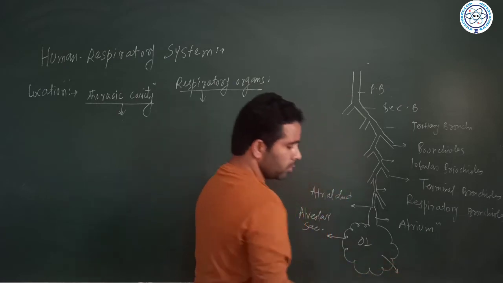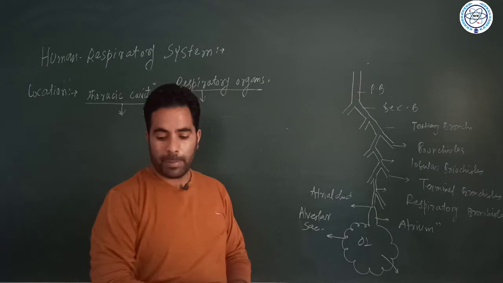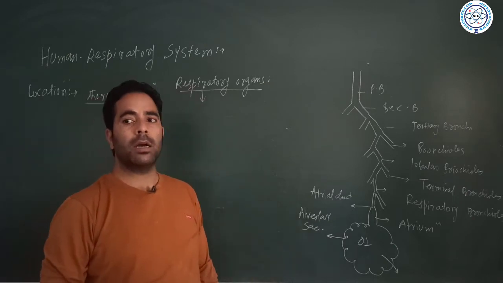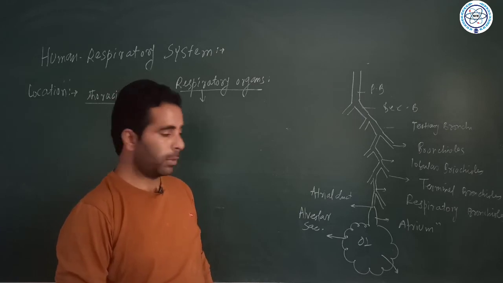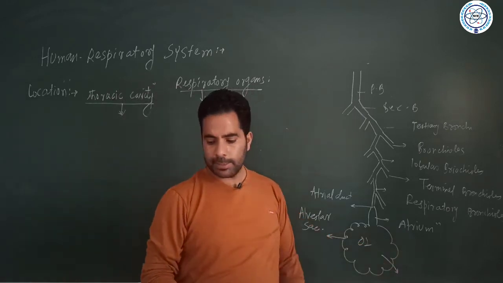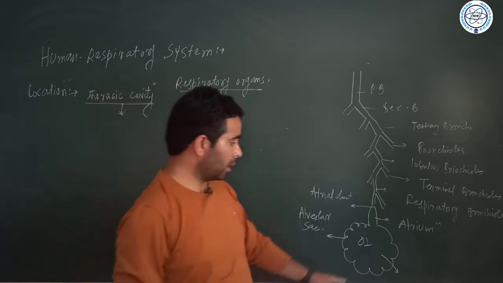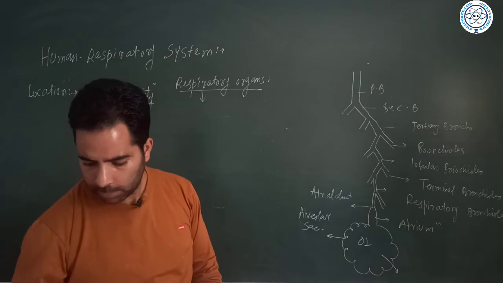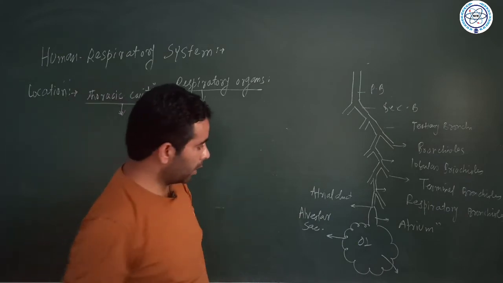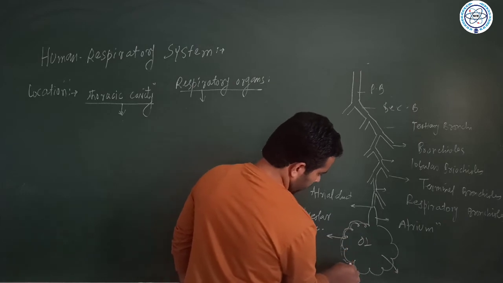In order to diffuse into the blood, this lung alveolus must be supplied by a lot of blood capillaries. So yes, this is the physiological importance of these lung alveoli. These lung alveoli are supplied by many fine blood capillaries.